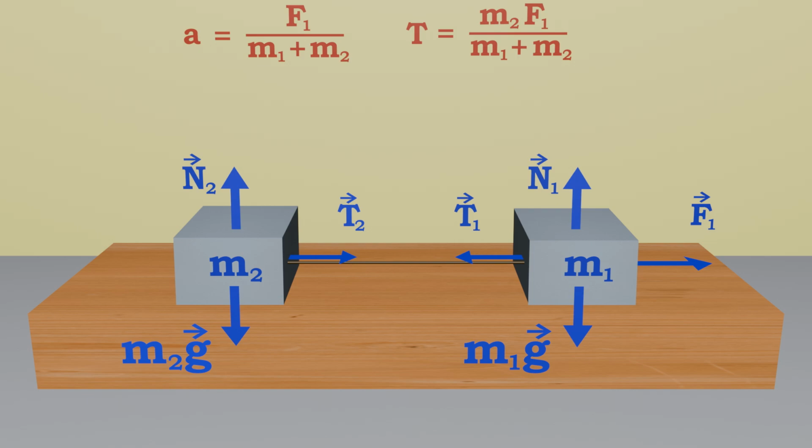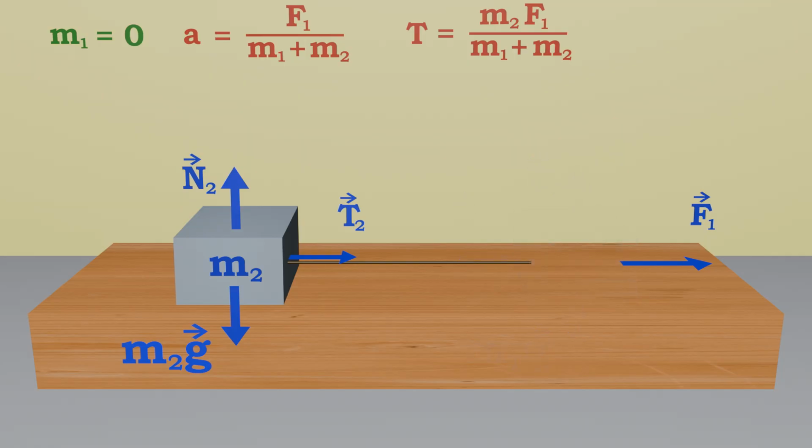Case 3. m1 equals 0. If m1 is 0, the first object effectively doesn't exist, and we are pulling directly on the string with force F1. In this case, the acceleration is equal to F1 divided by m2, and the tension T must equal F1.